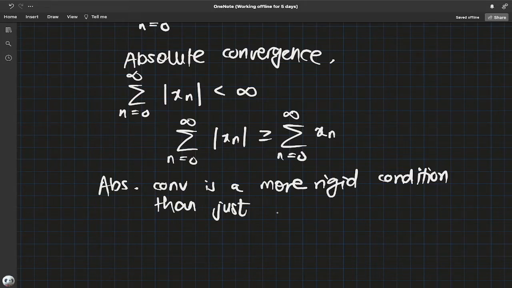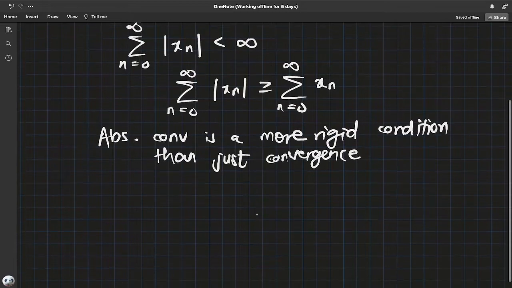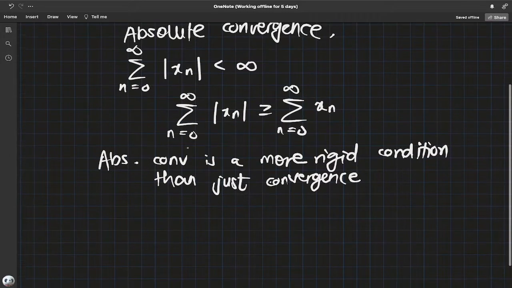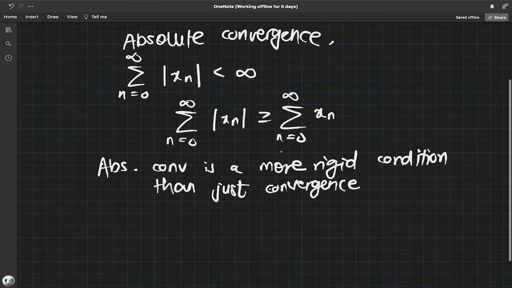You may know this already. If you don't, then just follow what I'm discussing. So this means that if the absolute value of a series converges, then if you remove the absolute values, that series will also converge.